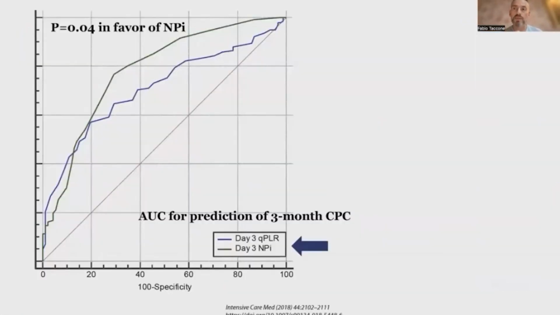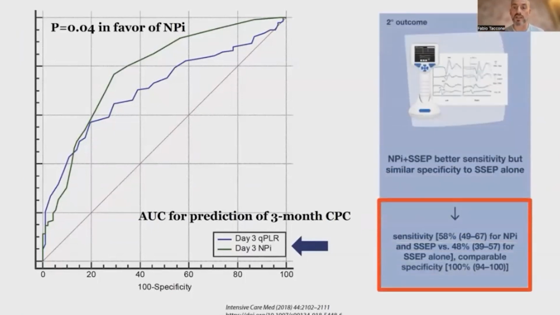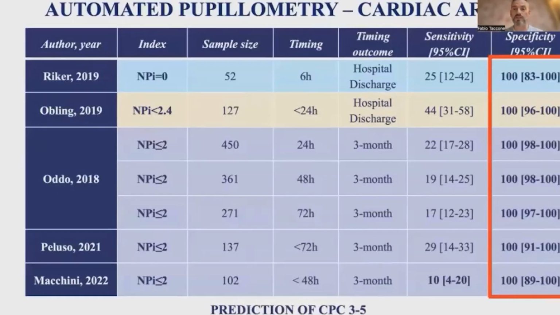And this NPI was better than just quantifying the pupillary constriction on pupillometry, and of course was much better than human assessment, in particular at day 3. And the combination of pupillometry and evoked potentials in these patients had 100% specificity and around 50% sensitivity to identify patients with poor outcome. So extremely effective in this setting.